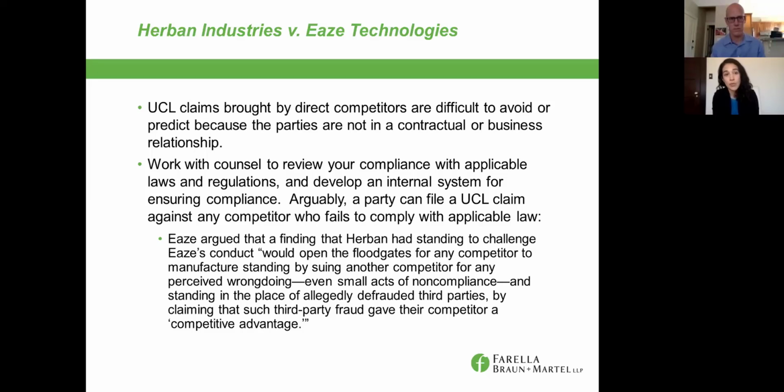The court denied that, so it does leave open the potential that competitors can police each other and extract money in settlements. So know that this is out there as another risk to your business, and work with counsel to make sure that you're doing what you can to comply with applicable laws and regulations.